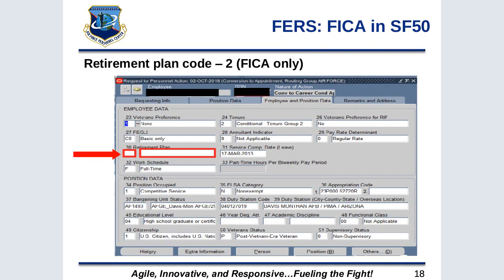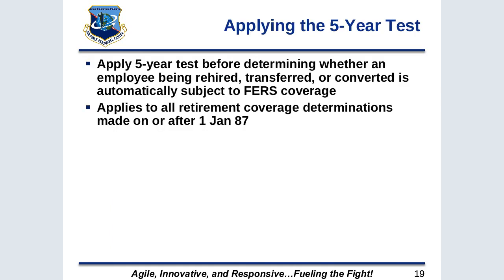Next, we have applying the 5-year test. We have been referring to the 5-year test in our earlier slides. The 5-year test is a methodical approach to making retirement coverage determinations. This is the key to consistent accuracy in a determination.